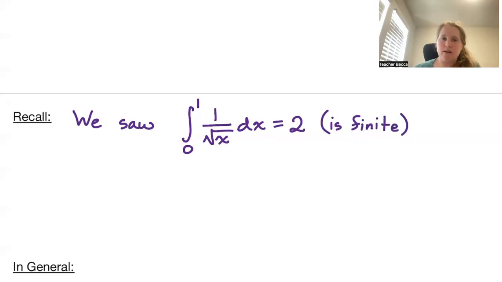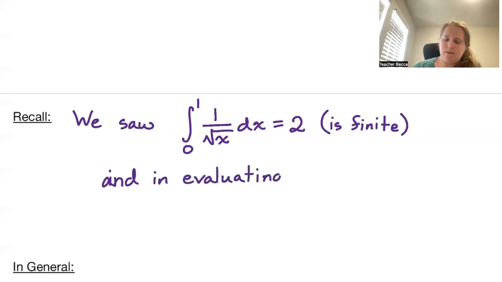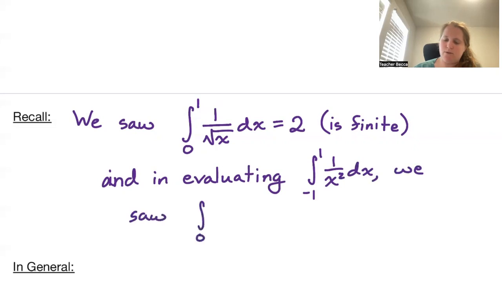We also saw, in evaluating the definite integral from -1 to 1 of 1 over x squared dx, that the integral from 0 to 1 of 1 over x squared dx was infinite.